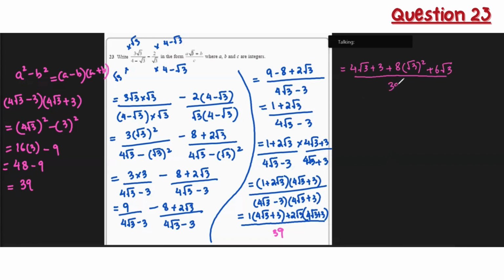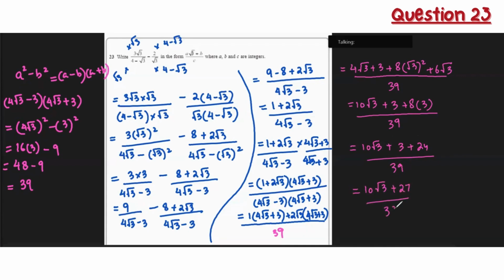That's going to be, now 4 root 3 plus 6 root 3 is 10 root 3, plus 3, plus 8 times 3, because the square of square root 3 is going to be 3. So 10 root 3 plus 3 plus 24 over 39, which is going to be 10 root 3 plus 27 over 39. That is your answer.